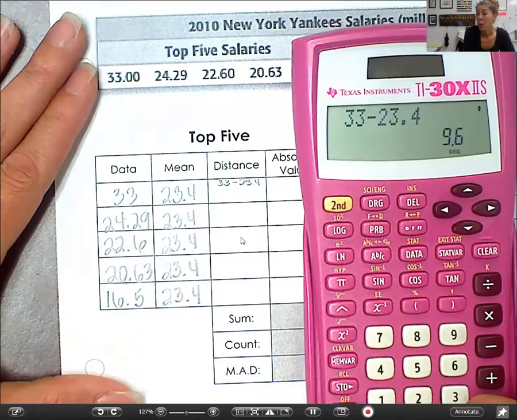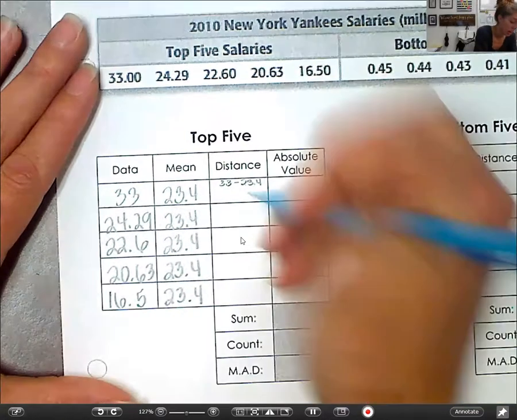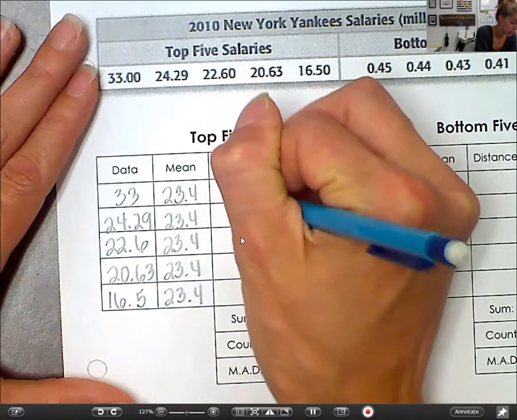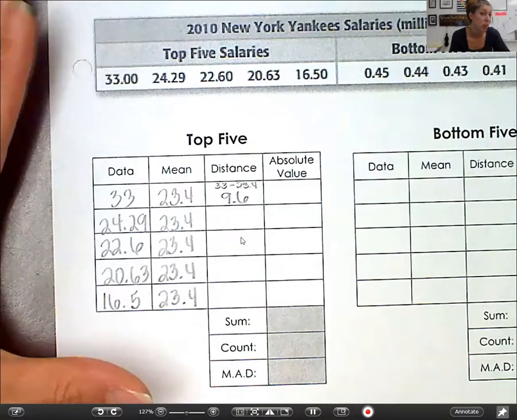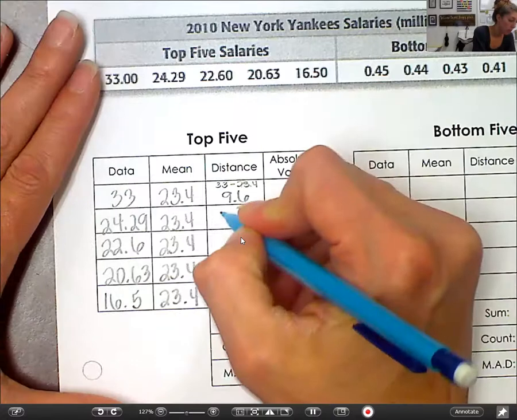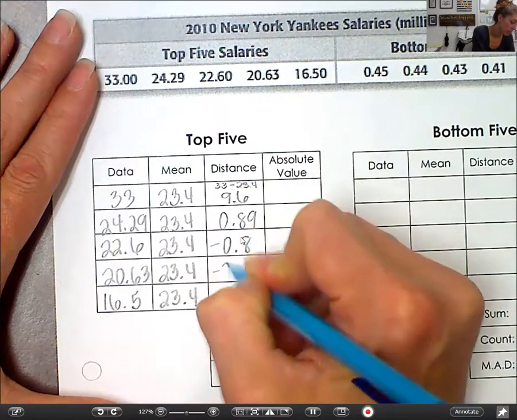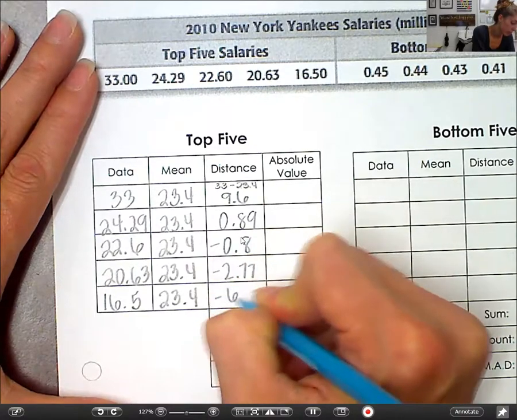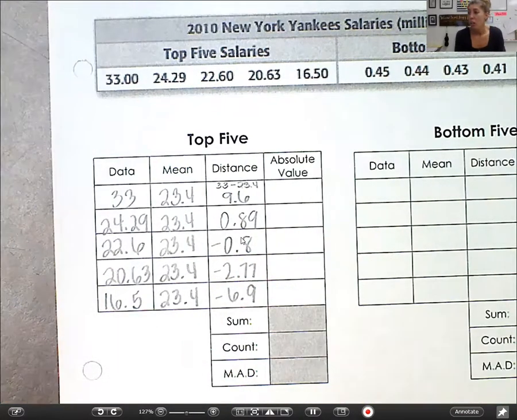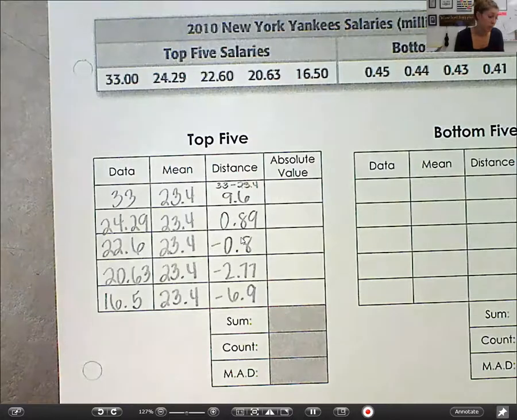And I get $9.6 million. Okay. So again, in order to not waste time, I'm going to fill in the rest of the boxes. Okay. So I have all the distances.